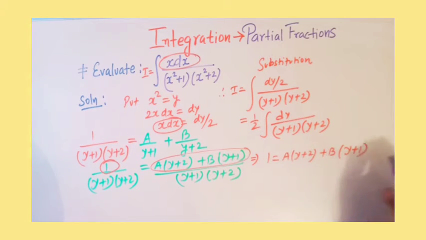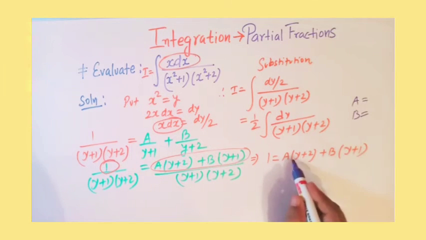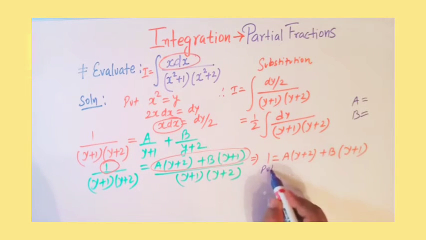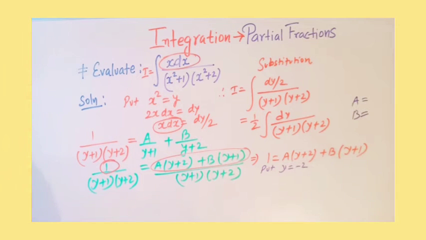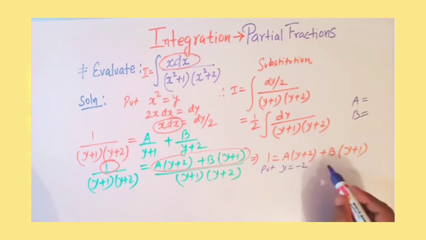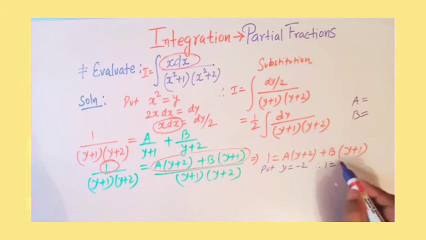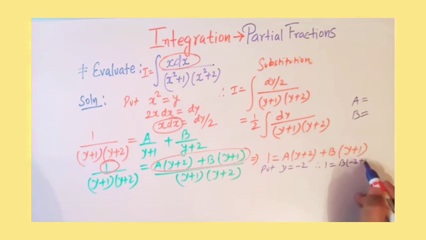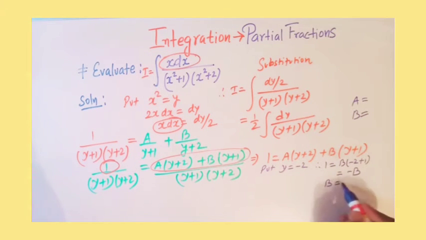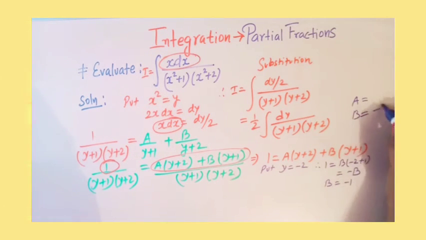Okay, now our aim is to find a and b. From here if we put y is equal to minus 2, then this term will become 0, so we have 1 is equal to b times (minus 2 plus 1), which is equal to minus b, so b is equal to minus 1.